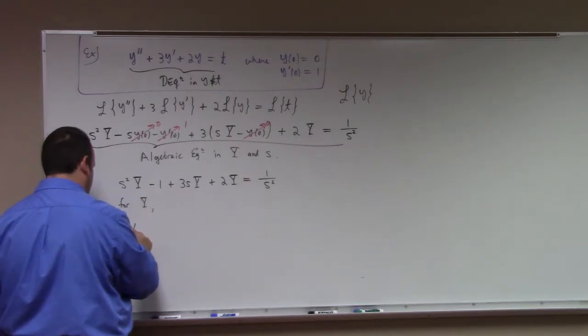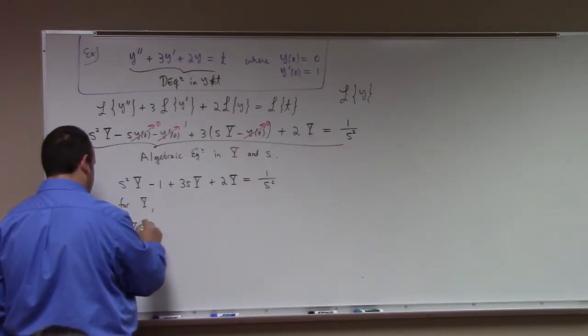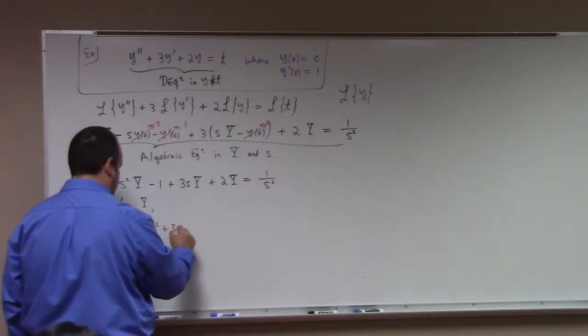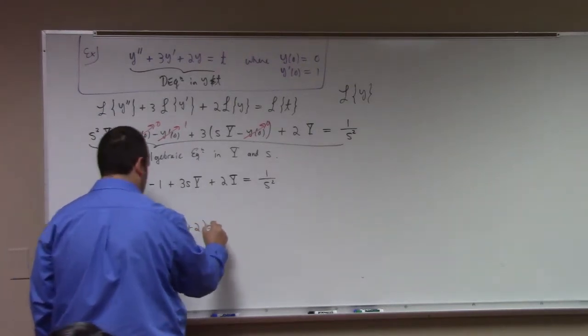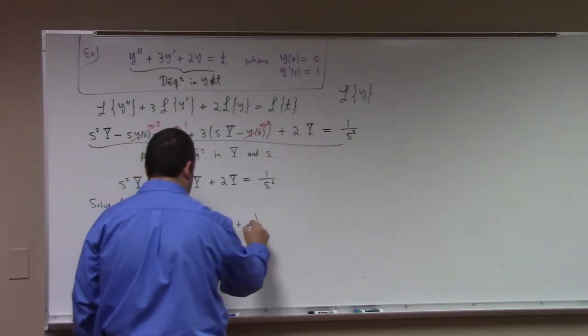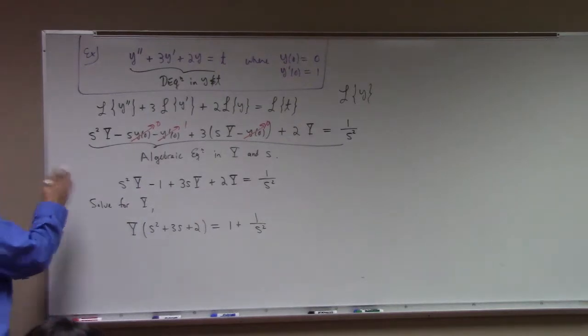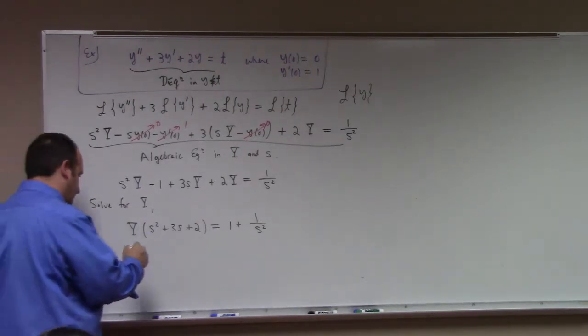We've got big Y times s squared plus 3s plus 2 is equal to 1 plus 1 over s squared, yeah? So now we just have to divide by that, right? And there you go.